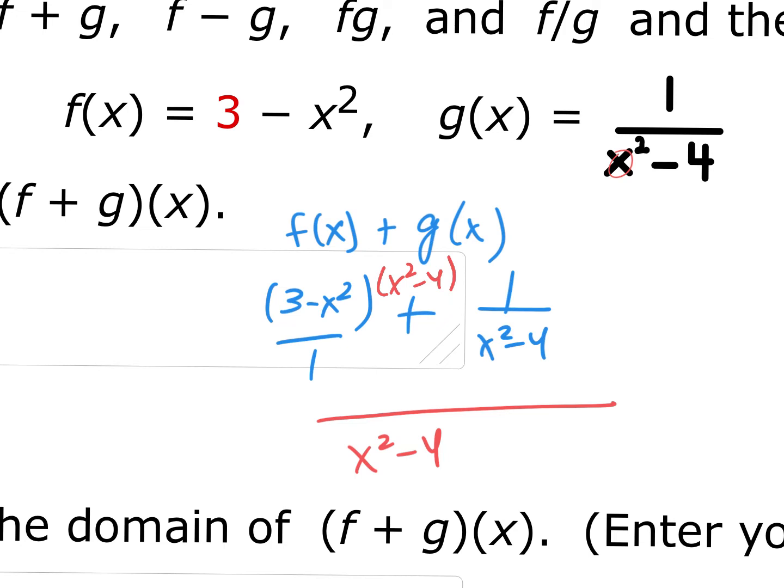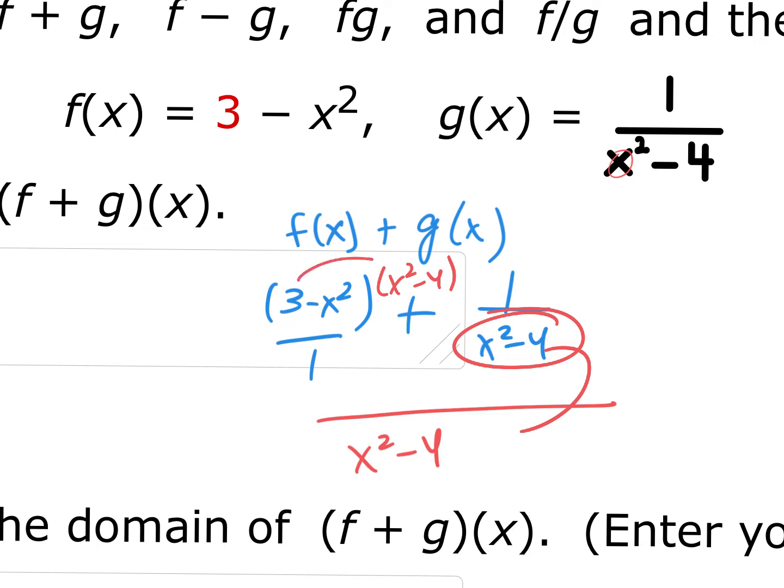My second fraction, do I have to multiply by anything? No. Are my denominators the same if I just leave them like that? They're not. You have to multiply the top one. What would I have to multiply by? The x squared minus 4.